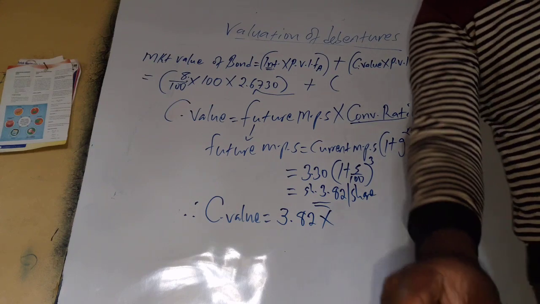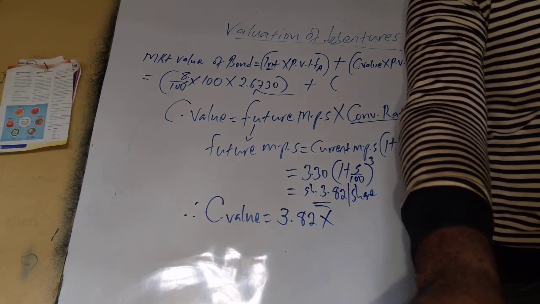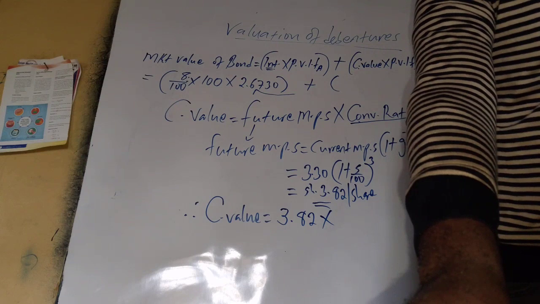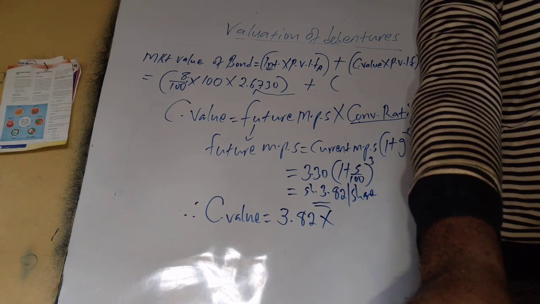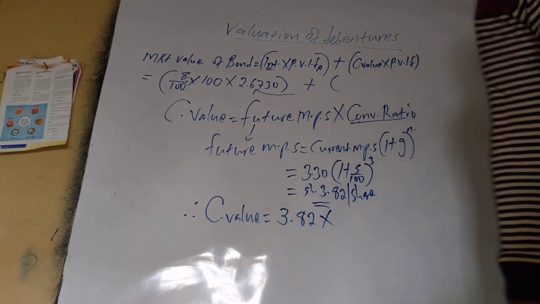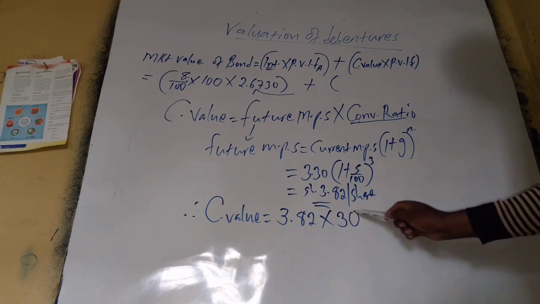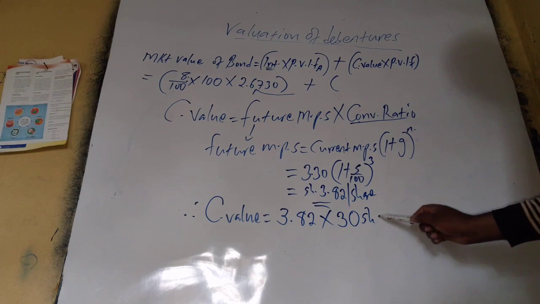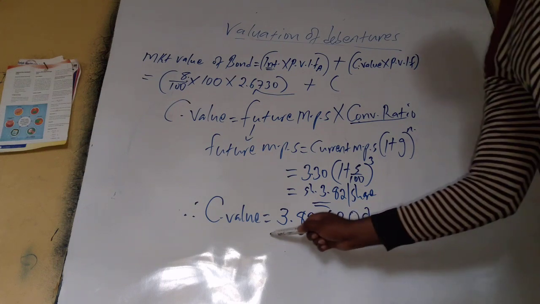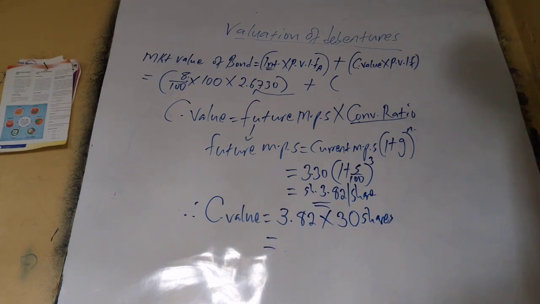My conversion ratio, according to the question, is that the bond may be converted on that date into 30 ordinary shares. So I multiply by 30 ordinary shares to get the conversion value of my bond.